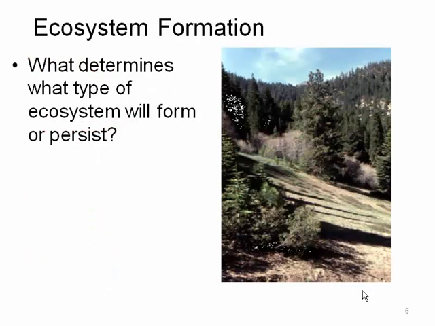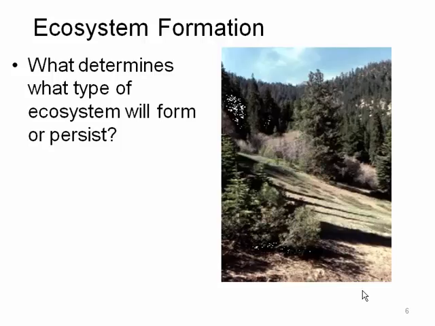So if you have a given ecosystem, in this case a forested system up on the east side of the Sierra Nevada, what determines that particular ecosystem is a forest and not a desert or grassland or some other form of biological community?